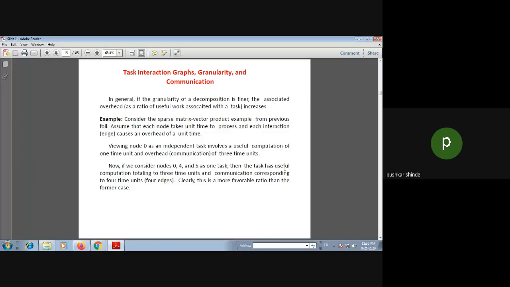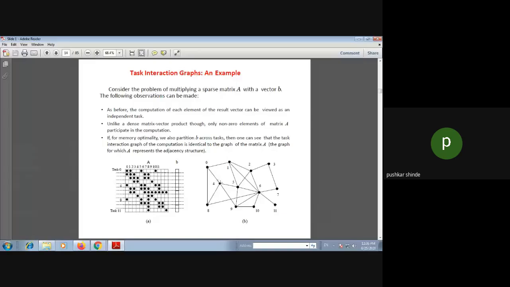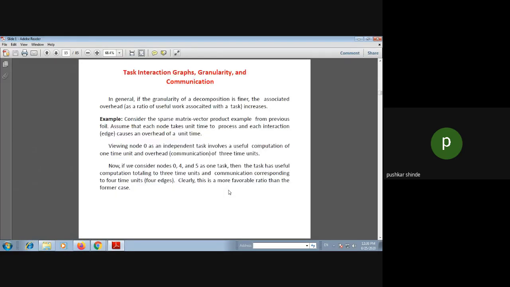Then the useful computation becomes 3 time units and communication overhead becomes 4 time units, 4 edges. That means 0, 4, 5 is one task, one node, and there are 4 edges going out from this one task. So useful time is 3 units and overhead is 4 units.